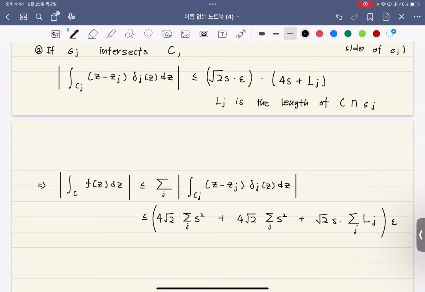All right. So what is this? What is s squared? s squared simply means the area of just the tiny little squares. And we are taking the summation over all of these rectangular covers.